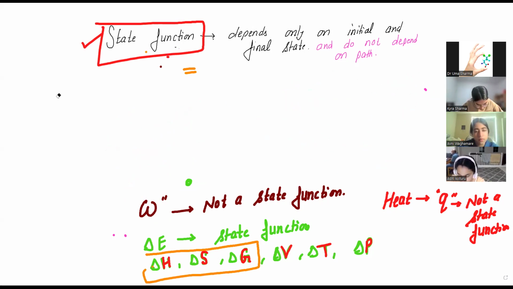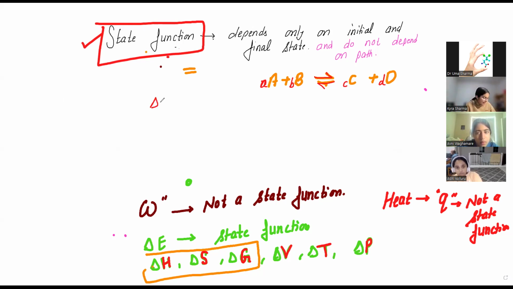Like if there is a reaction, A plus B giving you C plus D, this is the reaction. Now I can put some coefficients here: aA, bB, cC, dD. Now this particular reaction, whether I have done it as a single step or in multiple steps, it doesn't matter.